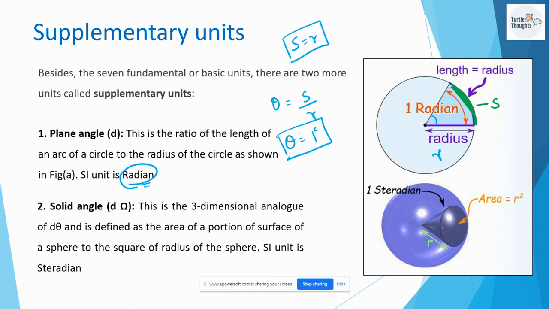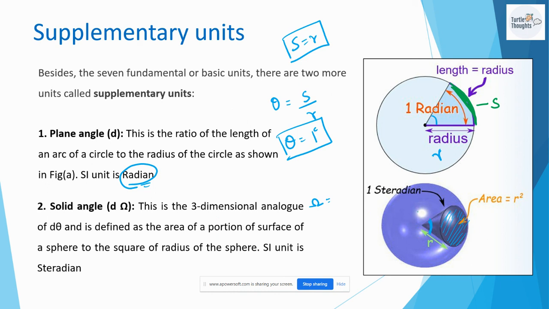Similarly, for the solid angle, if we consider a sphere and a cone is taken out from the sphere, the ratio of the area of the bottom of this cone to the radius of the sphere is going to be called the solid angle, and solid angle is represented by omega. The SI unit of solid angle is steradian.